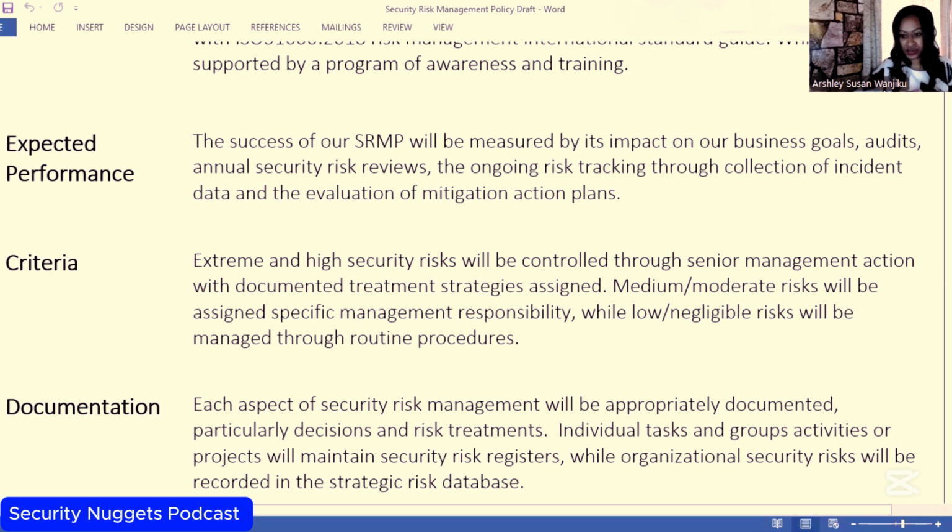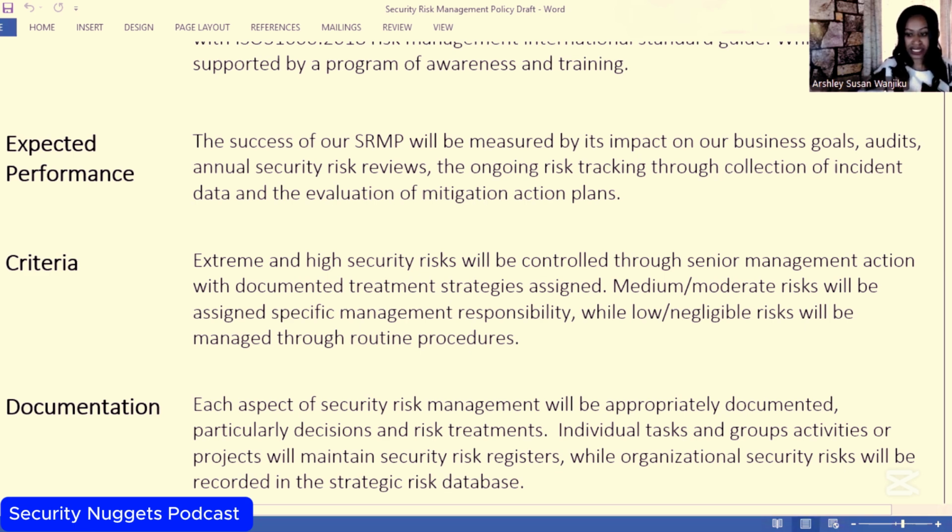Medium or moderate risks will be assigned specific management responsibility, whereas low and negligible risks will be managed through routine procedures, all right? So it's important that criteria is factored in the policy so that there is no confusion as far as escalation or management of security risks is concerned.